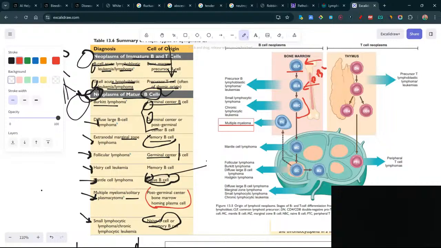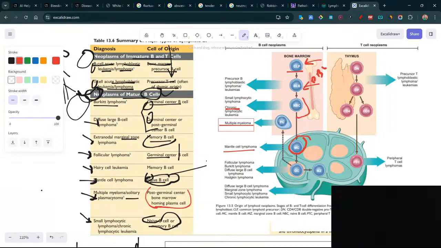What is NBC? And then into MC. Mantle B cell.